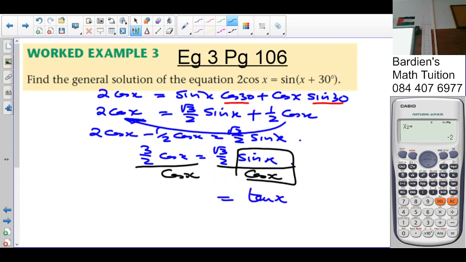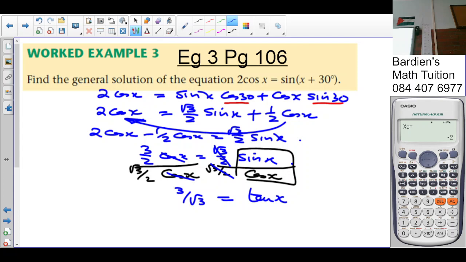I want tan to stand on its own, so I divide both sides by root 3 over 2 as well. Okay, so that would cancel that. The twos cancel, so it's going to be 3 over 2 divided by root 3 over 2. It's going to be 3 over root 3, or I think it's 3 root 3 over 3, which is root 3.